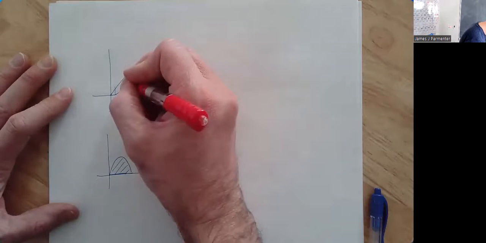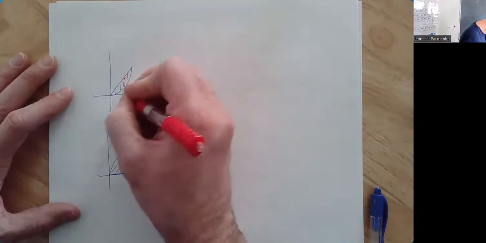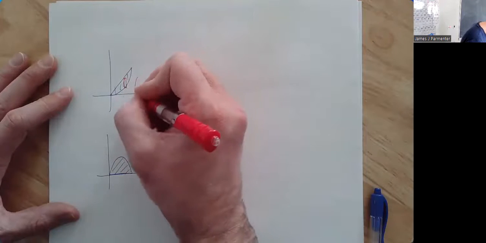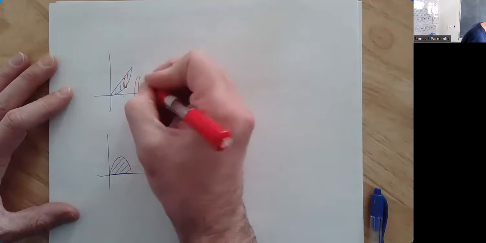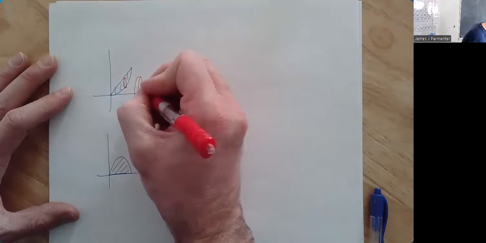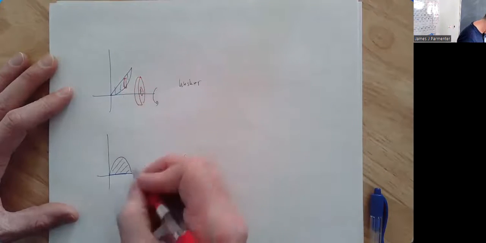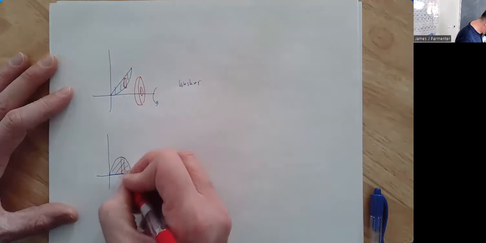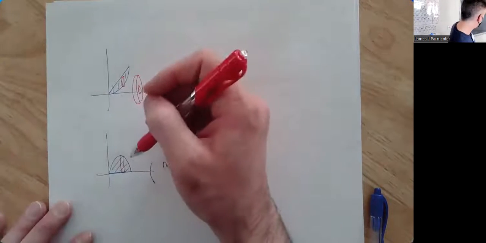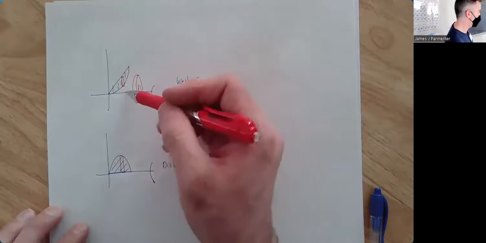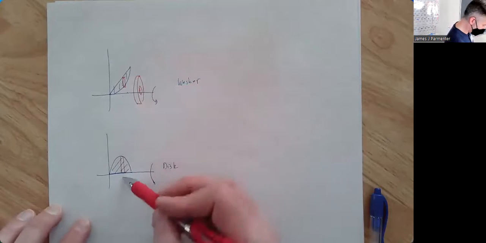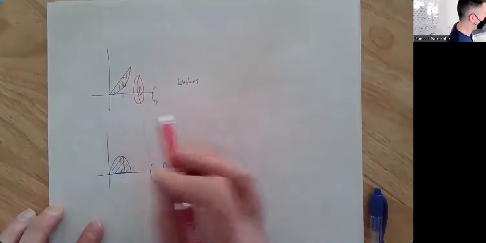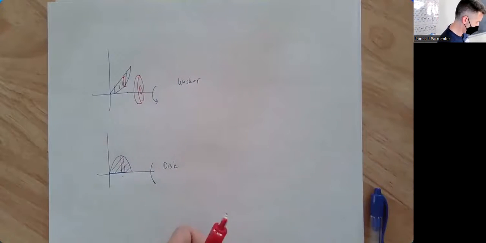Here, when you draw your little strip and you rotate it, you're going to get stuff missing in the middle. So basically, when you draw your strip, if it's touching the axis of rotation, it's going to be disc, and if it's not, it's going to be washer. Yeah, that's a good way to think about it.